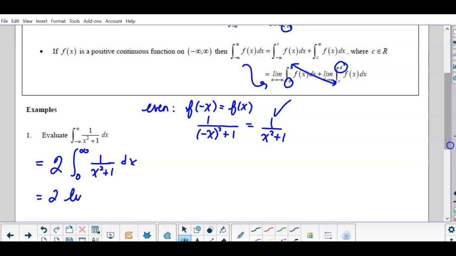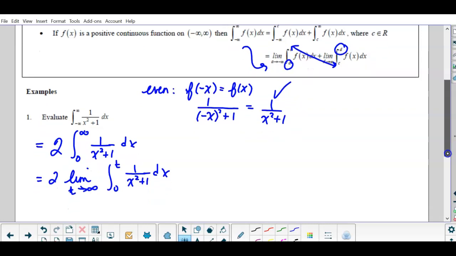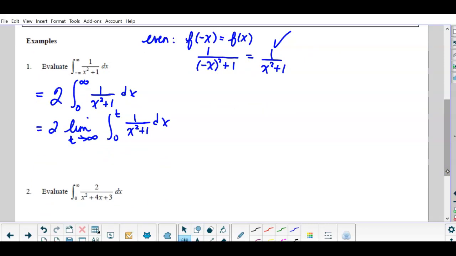So that's going to be the limit as, let's use t like we did before. Okay, and we're doubling it because it's symmetrical about the y-axis. All right, so 2 times.